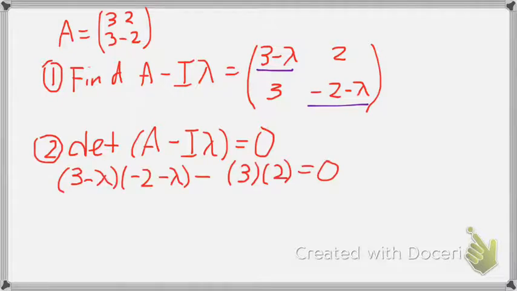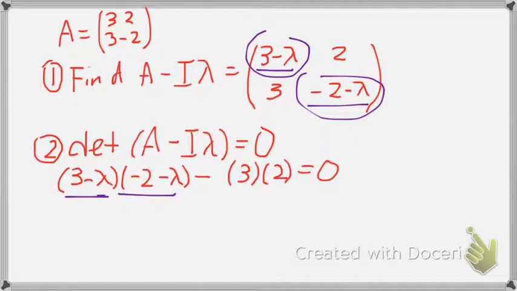So, of course, this would be the determinant. How do we find the determinant of a 2 by 2? We take these entries, multiply them by each other, minus these entries multiplied by each other. And now we expand.